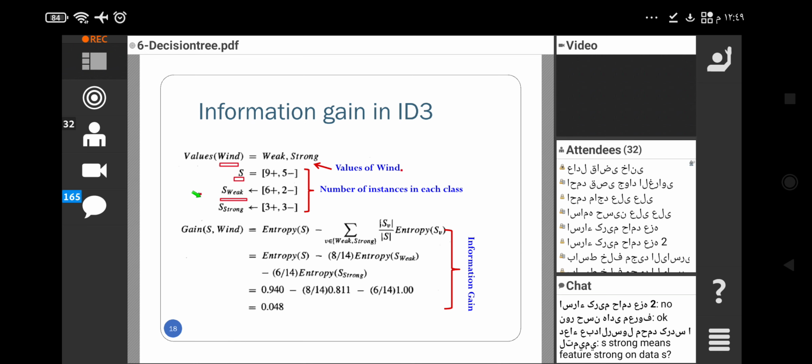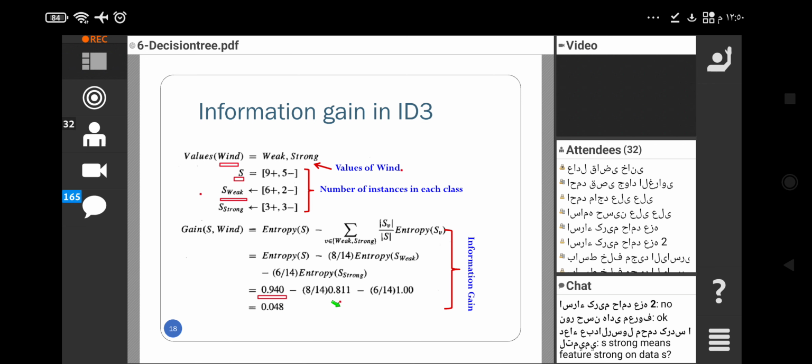Okay, we say that it is equal to entropy S minus the entropy of this feature. Okay, entropy S we have calculated before. This is the entropy of S. Minus 8 divided by 14 S weak.